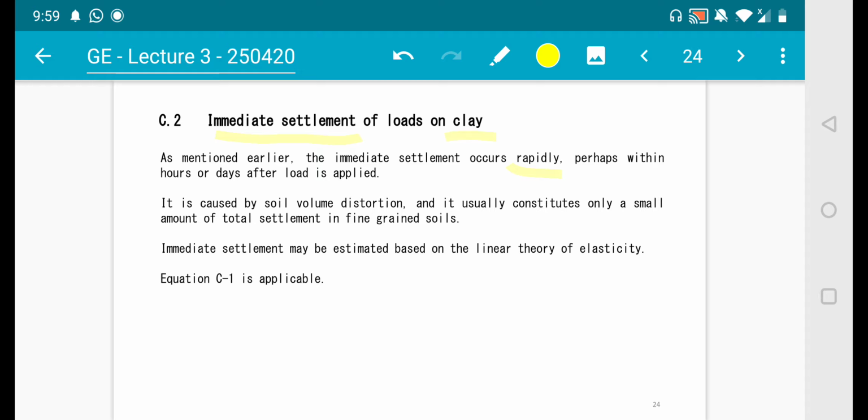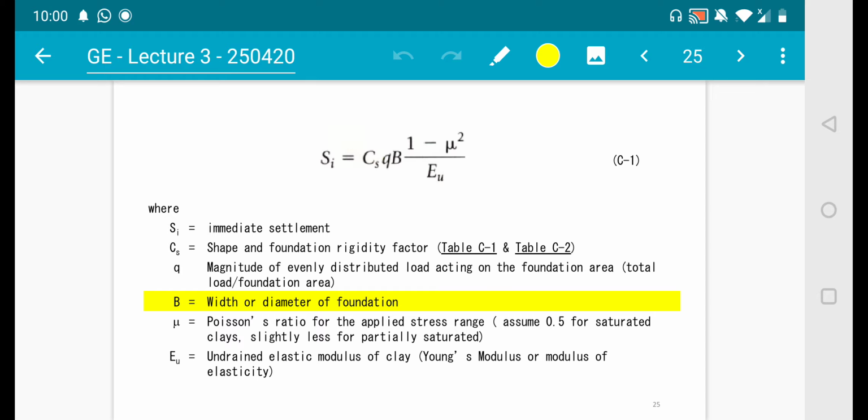It is caused by soil volume distortion, and it usually constitutes only a small amount of total settlement in fine-grained soils. Immediate settlement may be estimated based on the linear theory of elasticity. This is a basic concept, and equation C1 is applicable. So this is how you calculate immediate settlement.